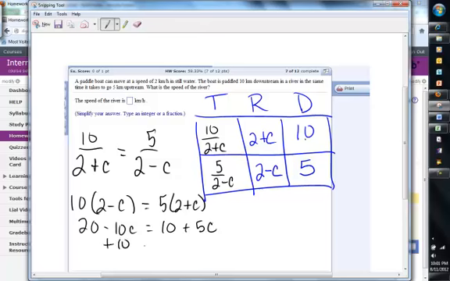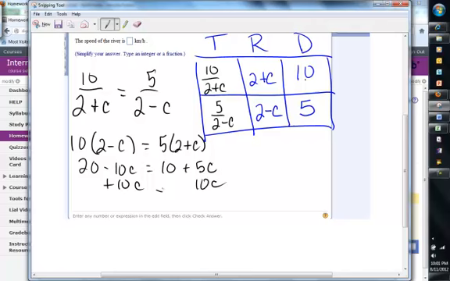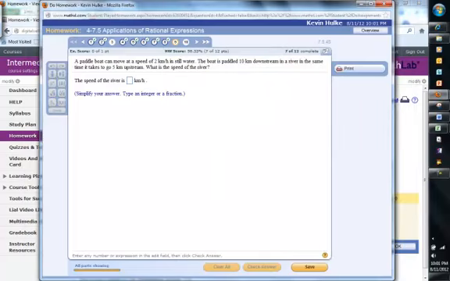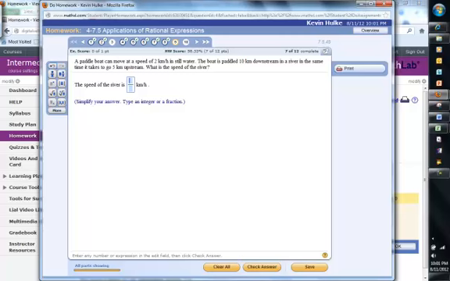Add 10C to both sides, subtract 10 from both sides, and you get 15C is 10. Divide both sides by 15. C is 2/3. So the speed of the current is 2/3 kilometers per hour.